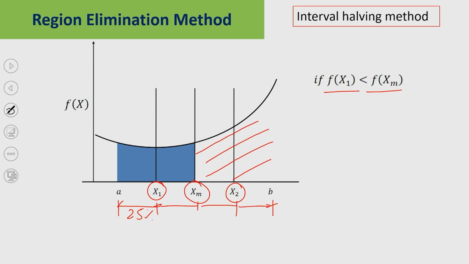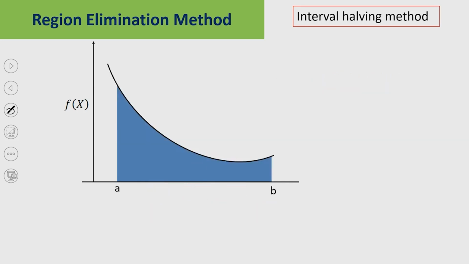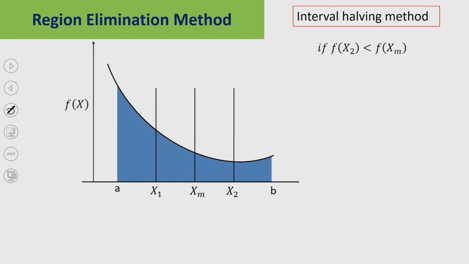You are eliminating 50% of the area. For the next condition, if f of x2 is less than f of xm, in that case optima is not there in this particular region, so you can eliminate 50% of the area, this area.